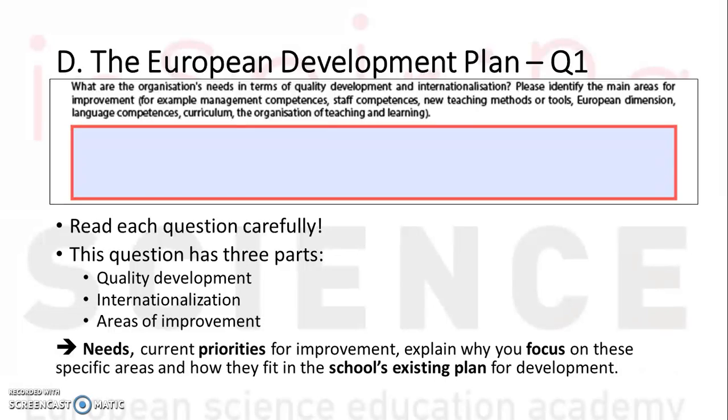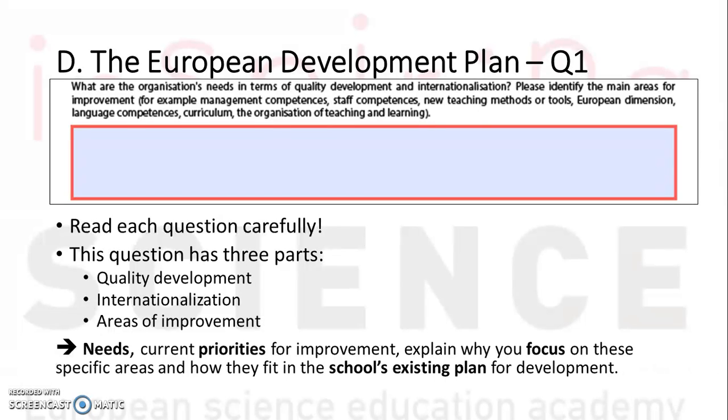And there, of course, it depends on what you're trying to achieve. Let's say you have a general approach to it. It could be management competences of the school administration. It could be specific staff competences. That doesn't mean that there are only teachers; it could be any educational staff.